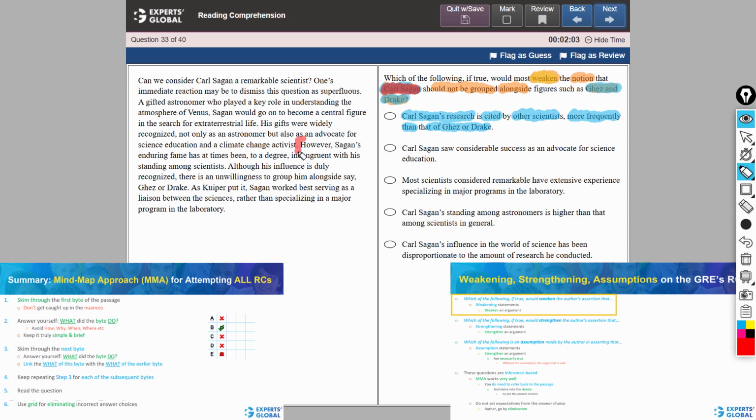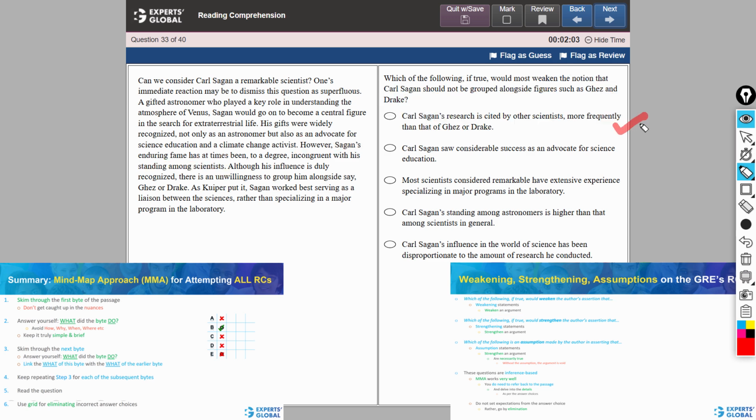The argument is that our scientist does not have a very strong standing among scientists, but if other scientists are citing his work more frequently than the work of these remarkable scientists, then our scientist should be grouped alongside these figures. Therefore, this answer choice definitely weakens the notion under discussion. This is the correct answer choice.